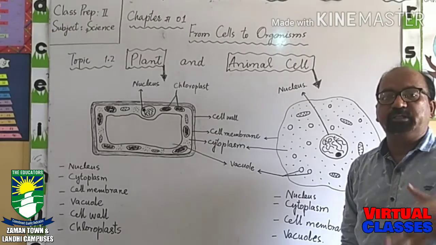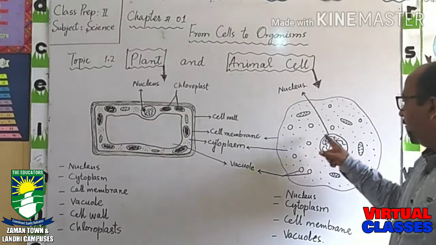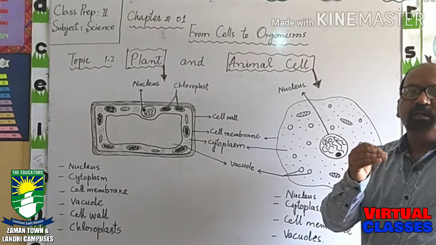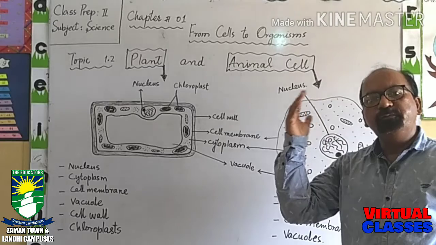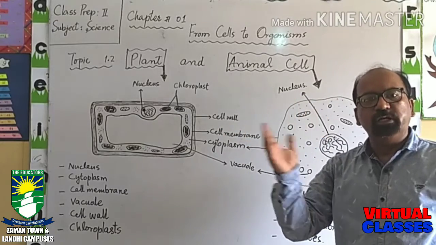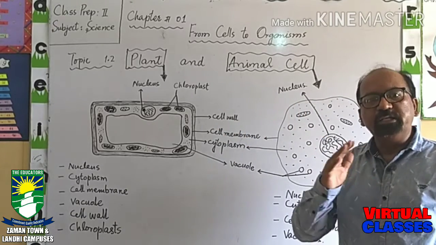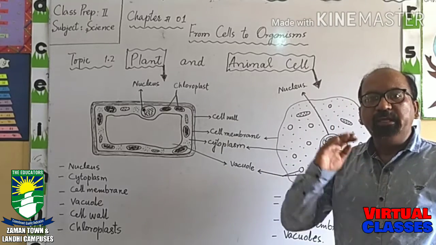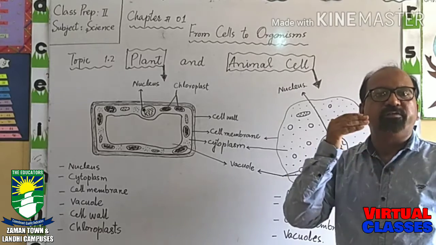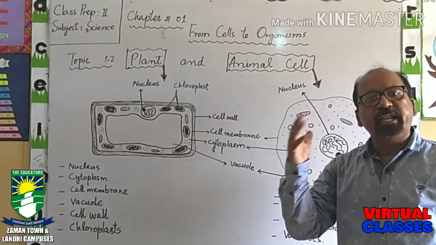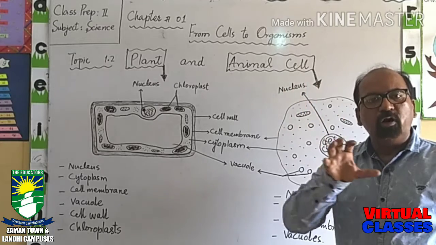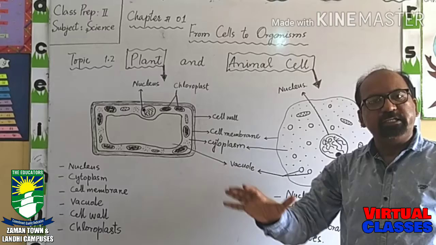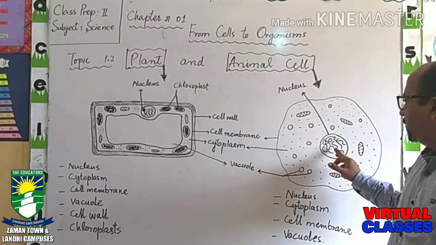Chromosomes are thread-like structures inside the cell which transfer the traits from the parents to the offspring. Due to the transfer of these characteristics, all the offspring look like their parents, because all the characteristics are transferred by the chromosomes.